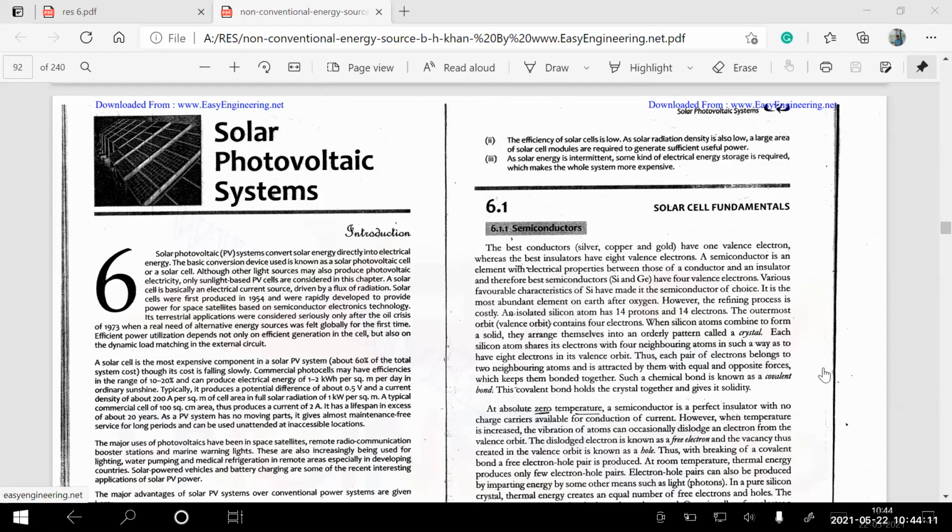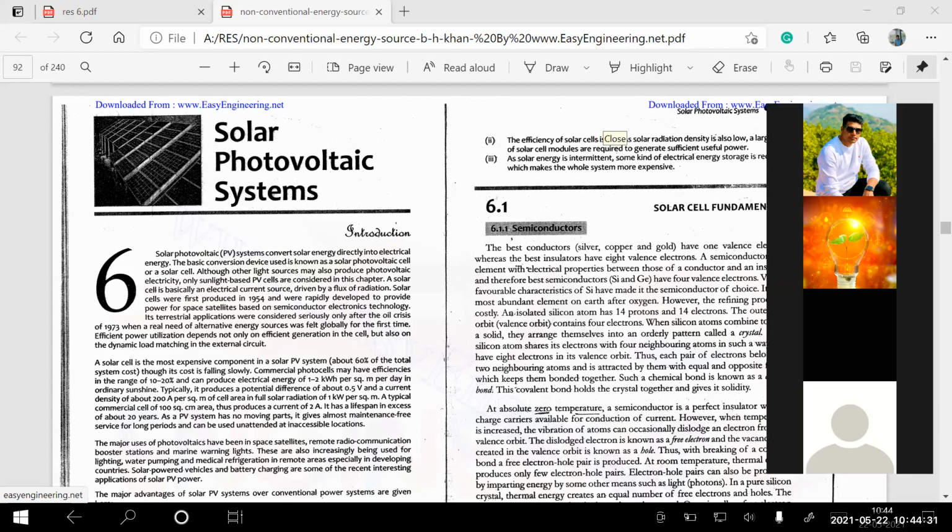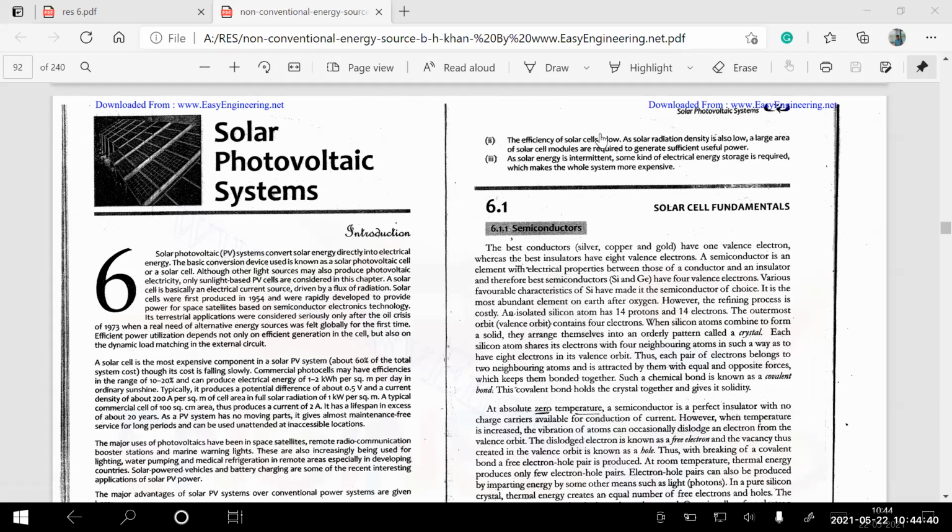So we'll see today about solar photovoltaic systems. We also call that PV system. It is generally being used to generate electricity directly from solar energy.